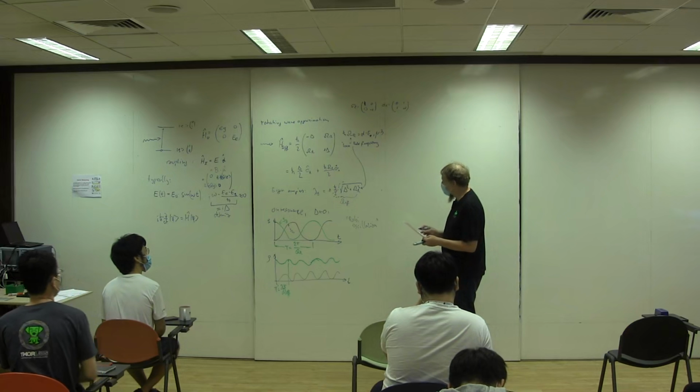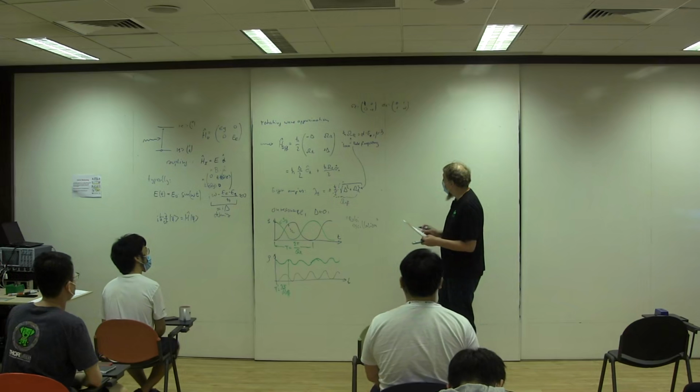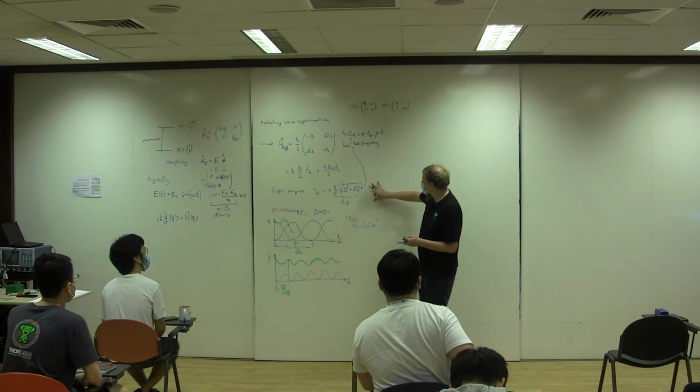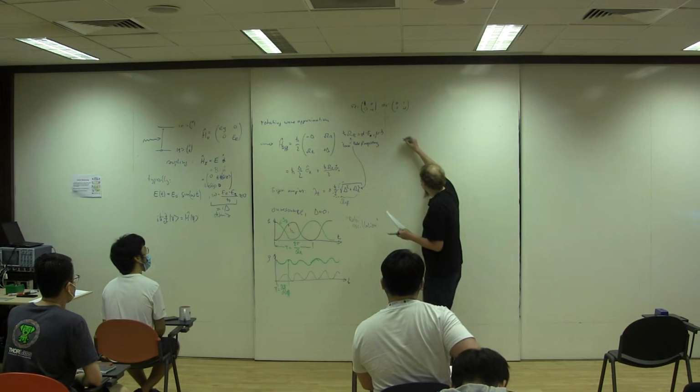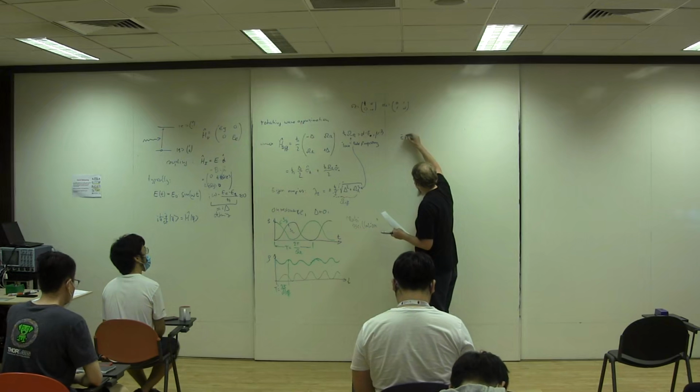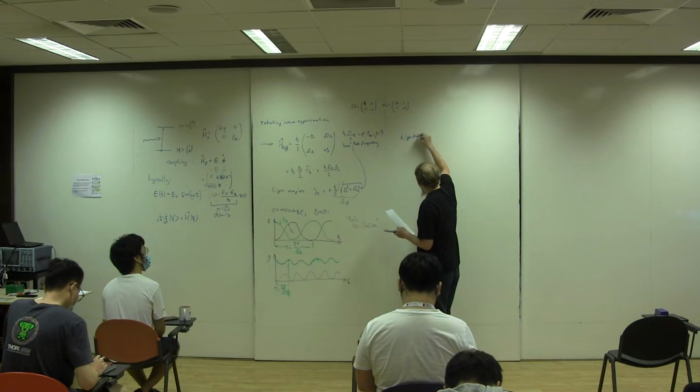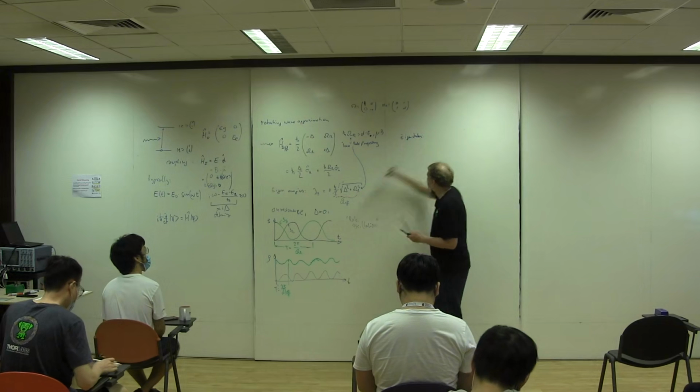There's a nice way of writing this. So far I think I just gave the eigenenergies. The eigenstates I also have to write down, corresponding to this value plus and minus.